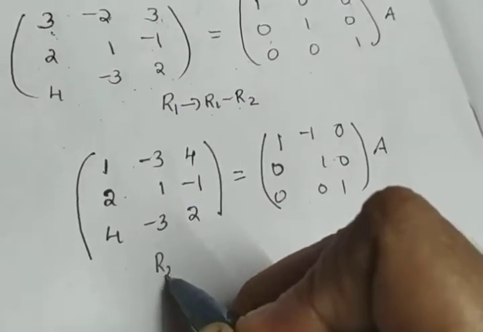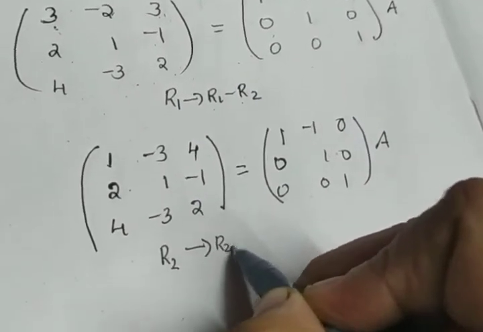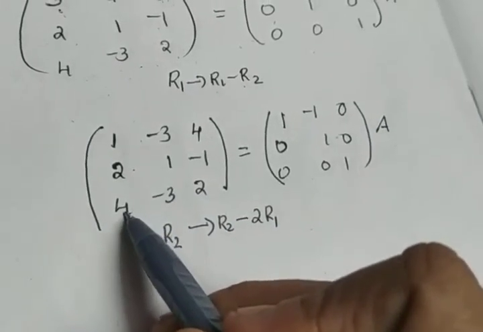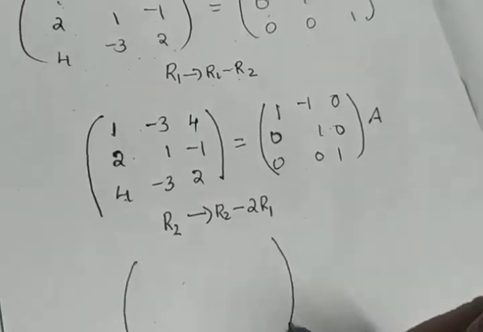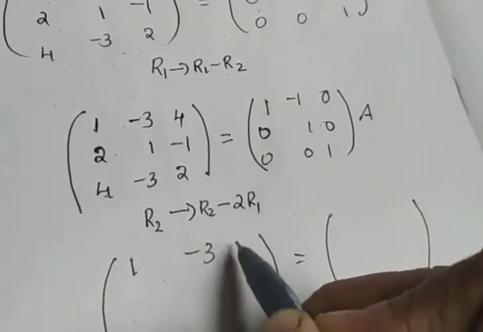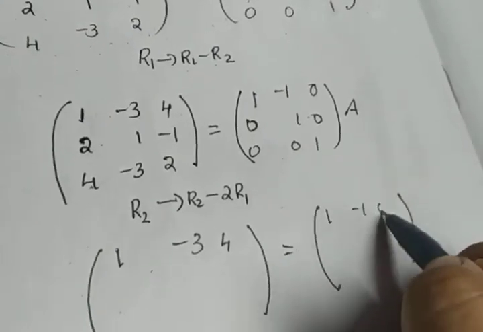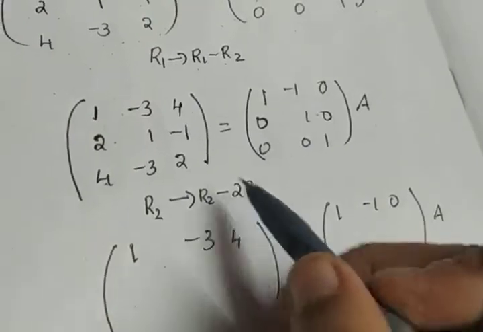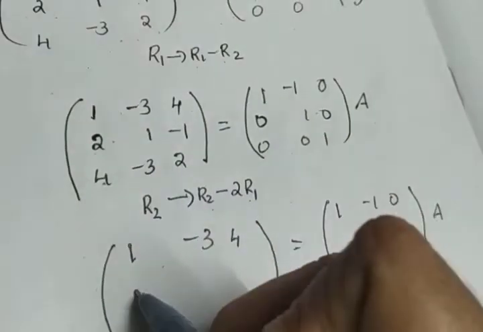The next step is to make this element 2 to 0. So the transformation is R2 changes to R2 minus 2 R1. Again we have to change this 4 also, so first we will go with the R2. First row remains the same, 1, -3, 4, on the right 1, -1, 0, into A. R2 has the change. What is the change? R2 minus 2 R1. So 2 minus 1 into 2 gives you 0.